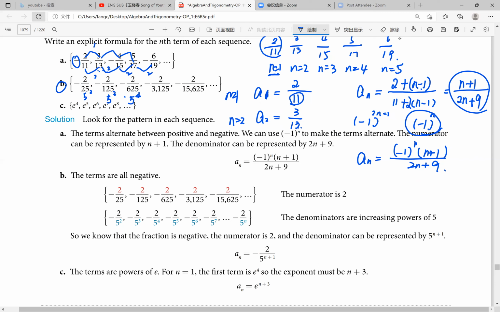So the next one is 5 to the 5th, the next one is 5 to the 6th, and continue. So now we find the regularity of the denominator, and the regularity of the numerator is very easy, always 2.